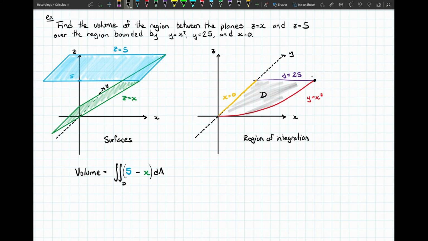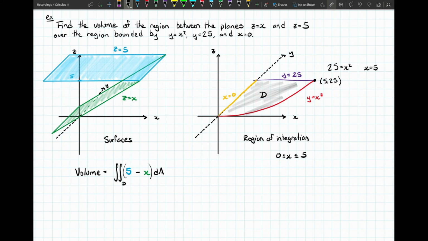Let's set y equals 25 equal to y equals x squared and solve for x. Taking only the positive value, x is equal to 5, and y is equal to 25, and that gives us our coordinates. That means we're going to iterate from x equals 0 up to x equals 5.